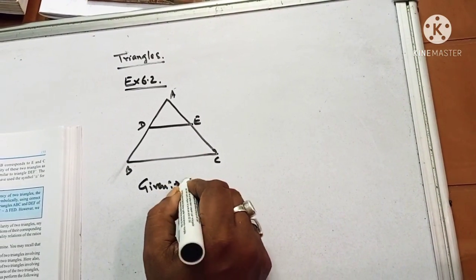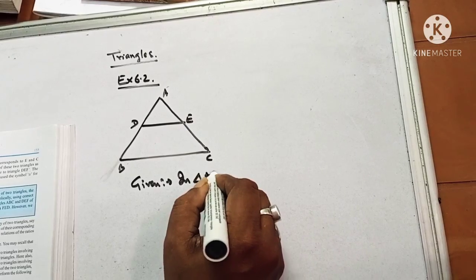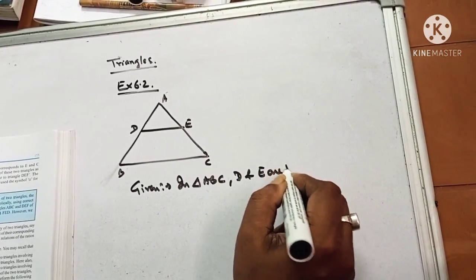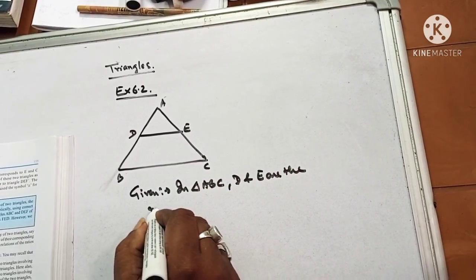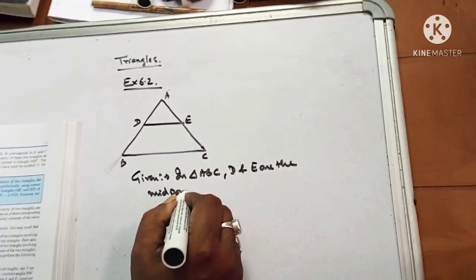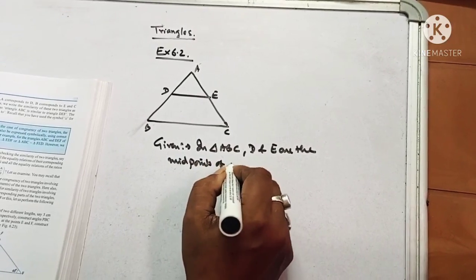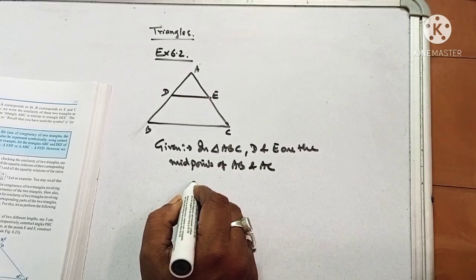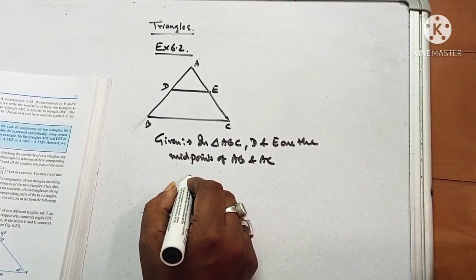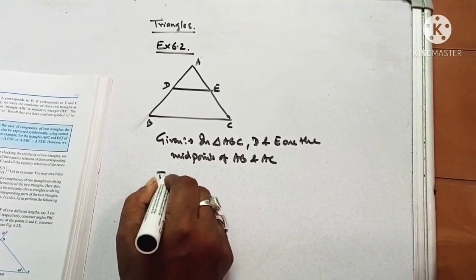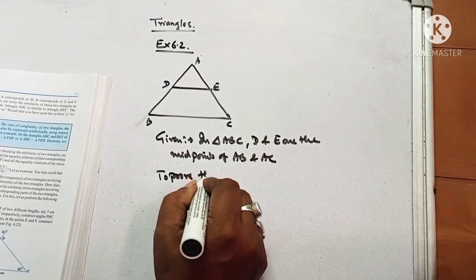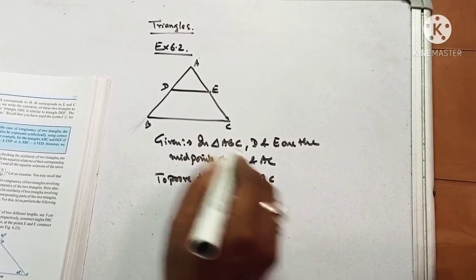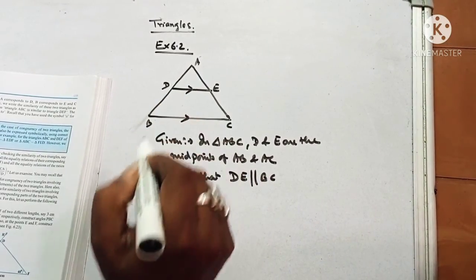It is given that in triangle ABC, D and E are the midpoints of AB and AC. To prove that DE is parallel to BC.